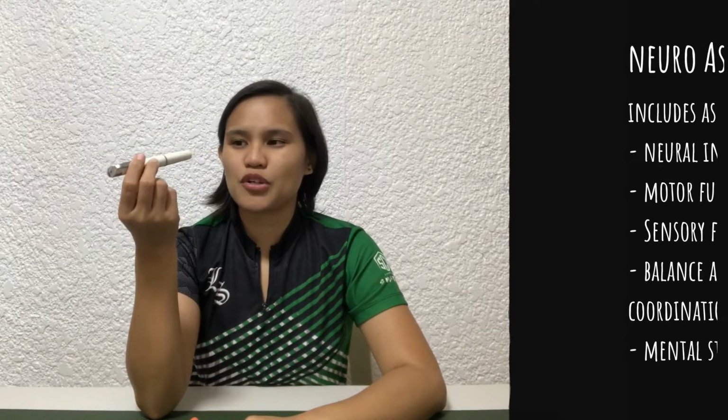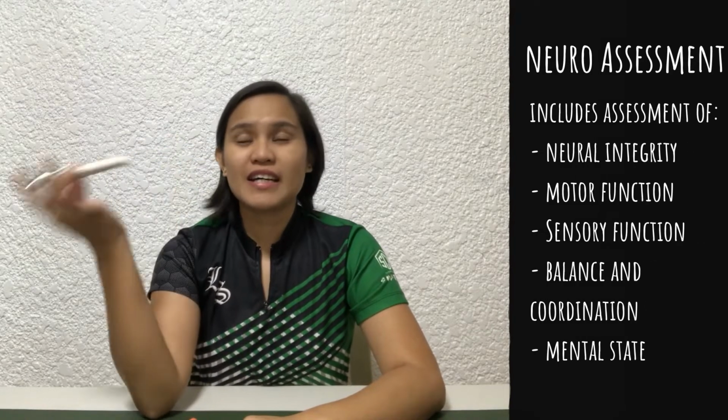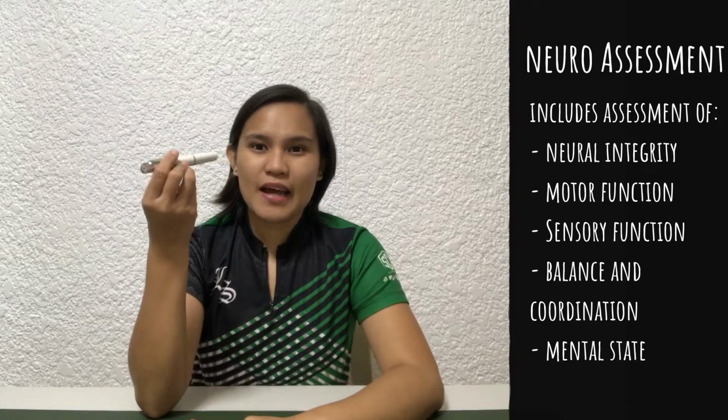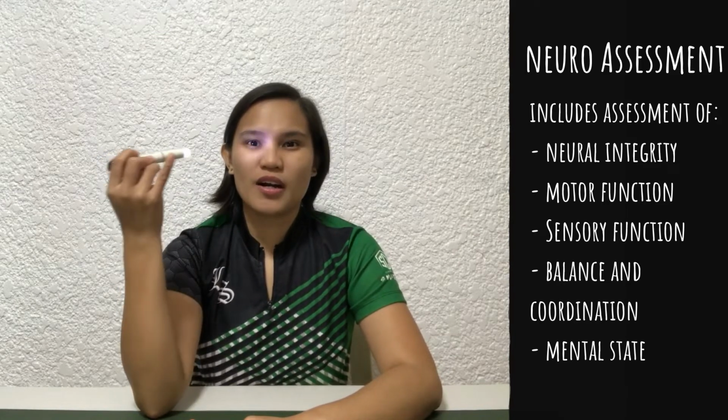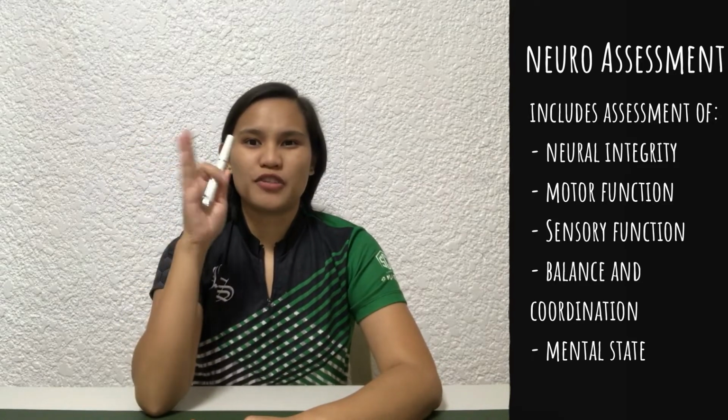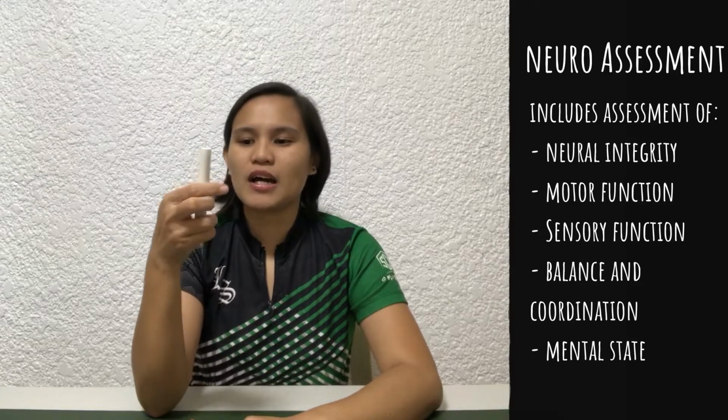So, if you want to be specific in observing, specifically for cranial nerve assessment, we use the pen light. We point it into the eyes or into the mouth to see if the structures are symmetrical or not, no?